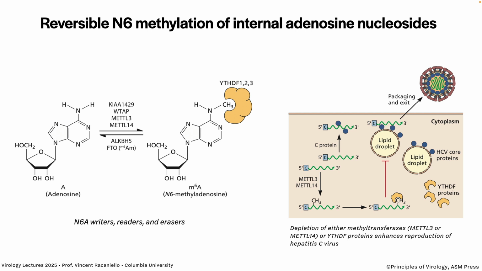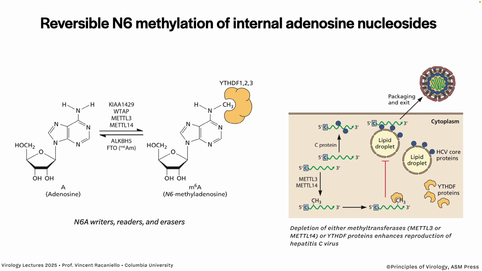And so there are writers, the enzymes called writers that put the methyl there. There are readers that see if there's a methyl there. And then there are erasers that take off the methyl, right? Very clever naming. Readers, writers, and erasers. So the reader would say, there's a methyl group here, let's do this.